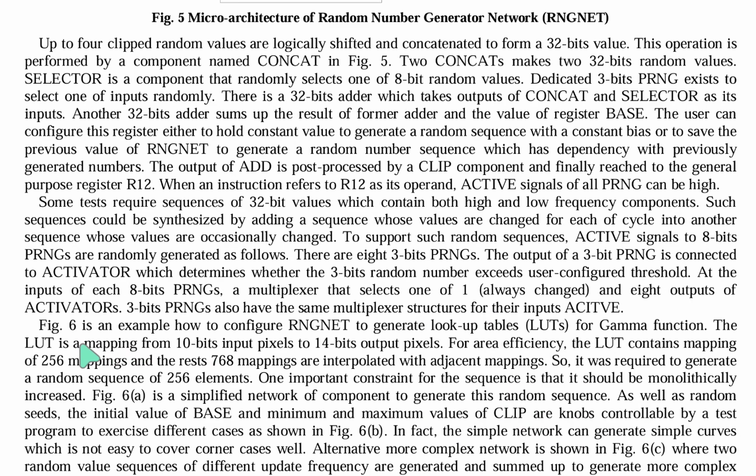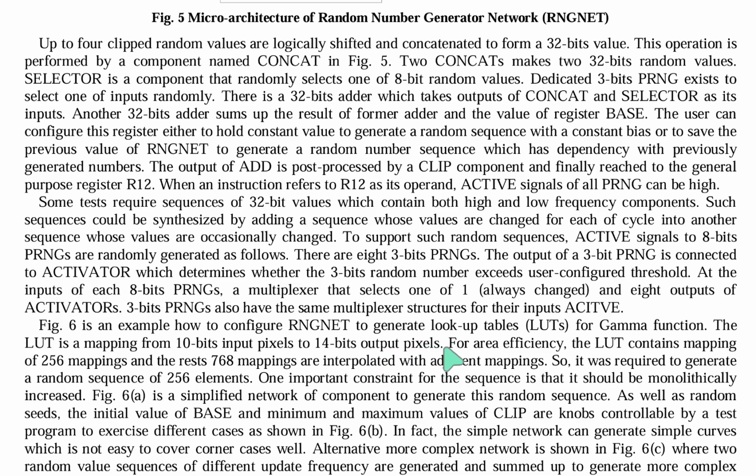Figure 6 is an example of how to configure RNGNet to generate lookup tables, LUTs, for gamma functions. The LUT is a mapping from 10-bit input pixels to 14-bit output pixels.